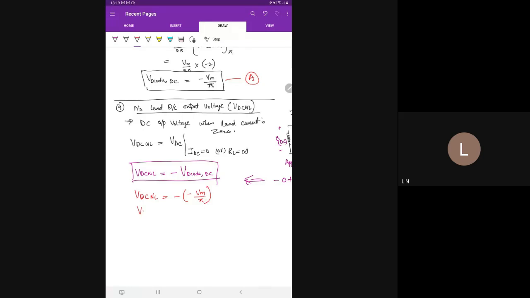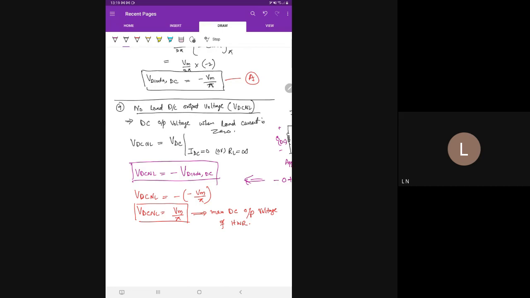So VDC no load is equal to Vm by pi, which is basically the maximum DC output voltage of the half-wave rectifier.